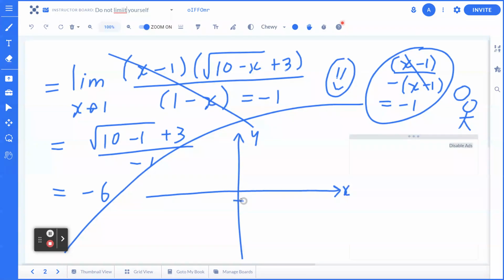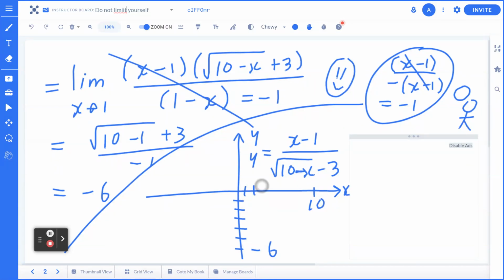If you really look at the graph, y equals (x - 1) divided by (the square root of 10 - x, minus 3), you would discover the following. There's a point at (10, negative 3). So let's say this is 10: 1, 2, 3, 4, 5, 6, 7, 8, 9.